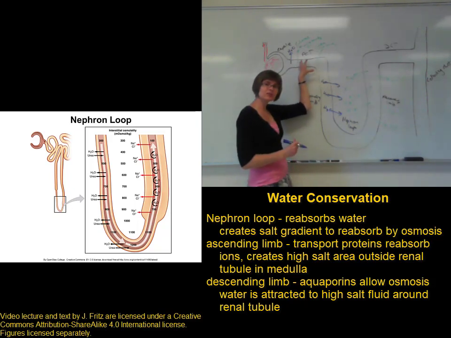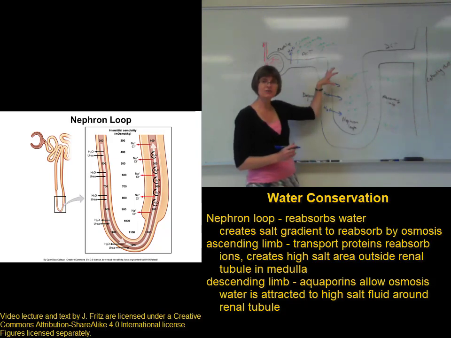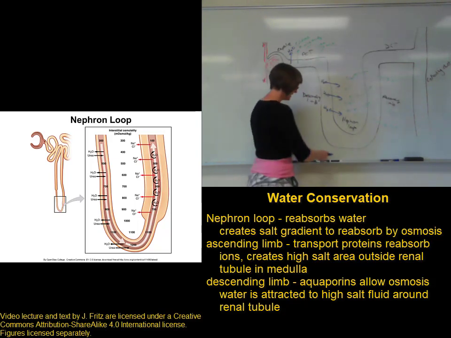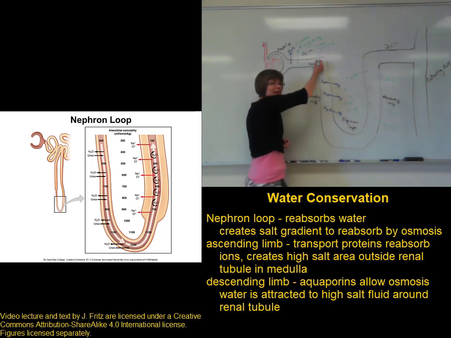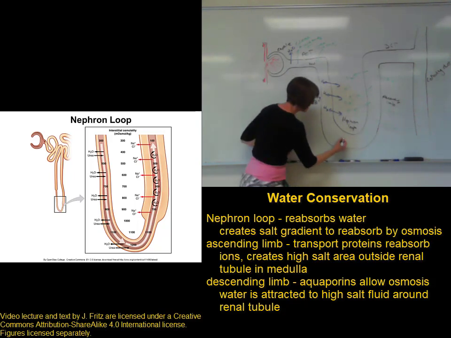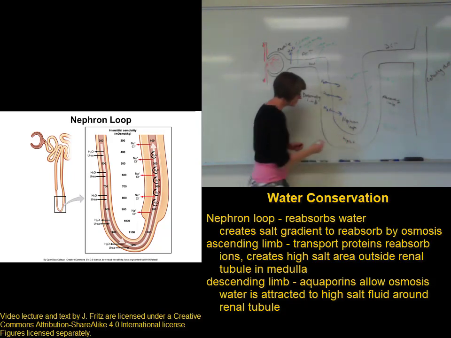The fluid that originally comes into the nephron loop is not very concentrated. It has a relatively low concentration. But as it goes down this descending limb, the fluid inside the nephron loop gets more and more concentrated because all the water is being sucked out. By the time we get to the bottom, the fluid has a very high concentration.